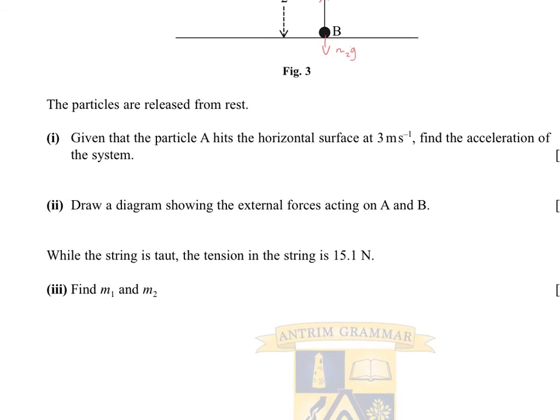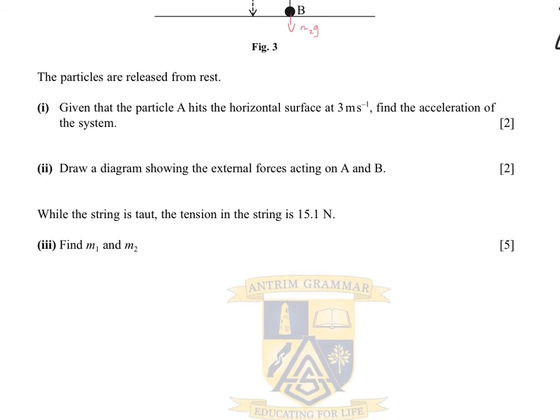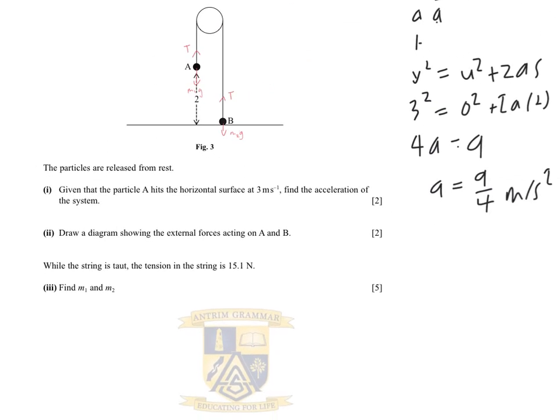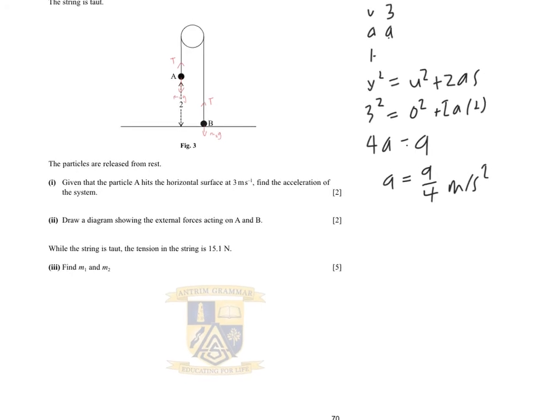Okay, part 3. The tension in the string is 15.1 newtons. So then we can find out the value of m1 and m2.